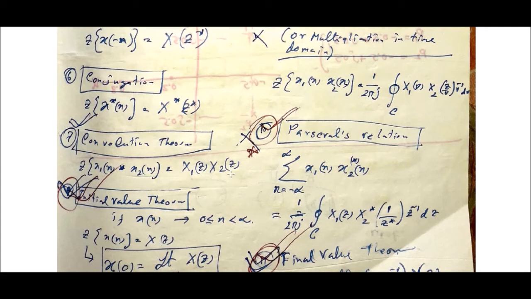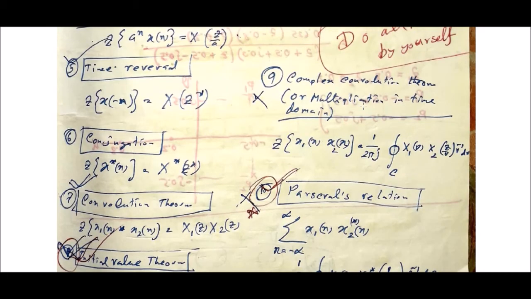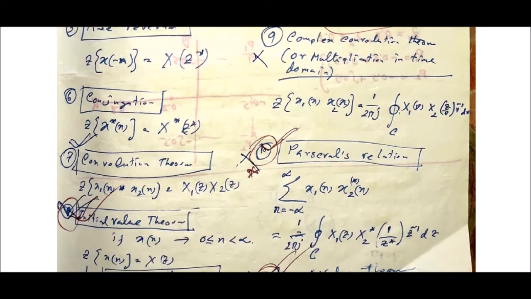Remember that for all transformations, time domain convolution means Z domain multiplication. It is the most important property of any transformation. For the Z transformation, remember that. Next one, this property is not very important, but remember that.